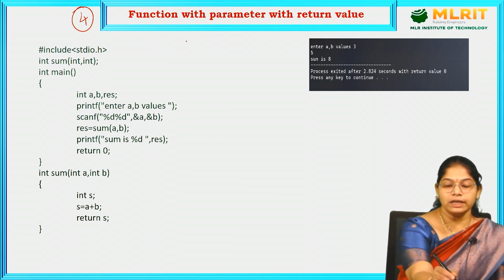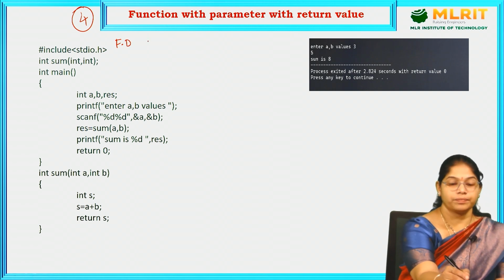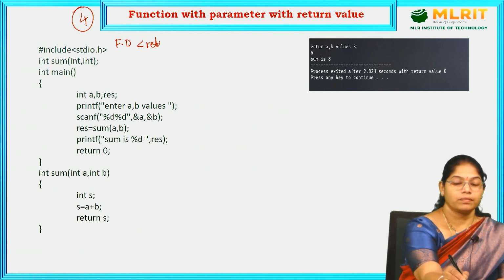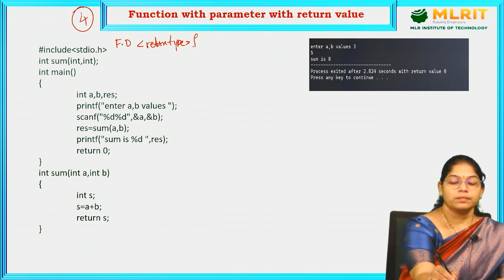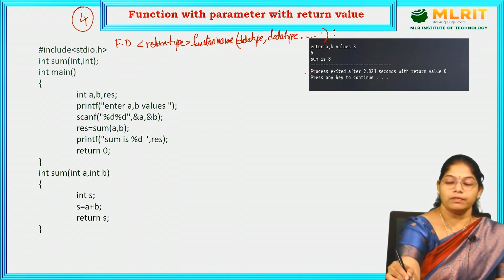Then function declaration, how to write a function declaration? Function declaration syntax is return type, function name, then data type, comma, data type, and so on, and ended with a semicolon.